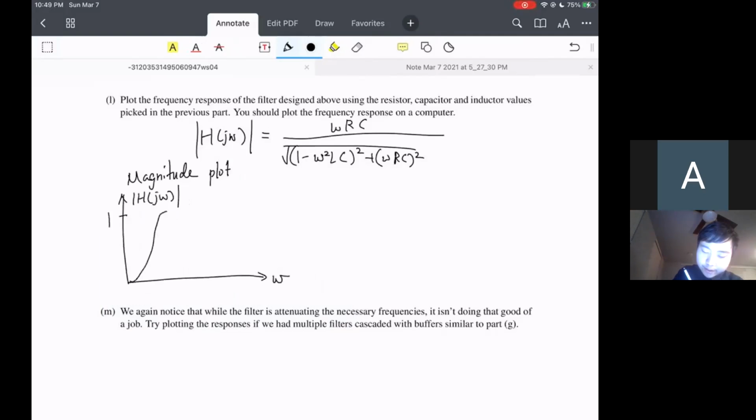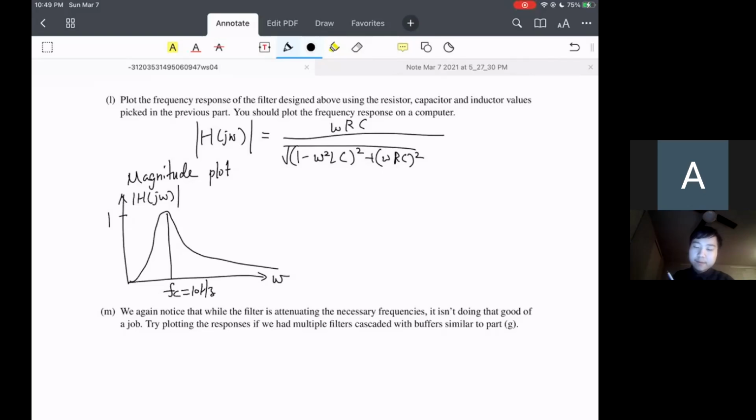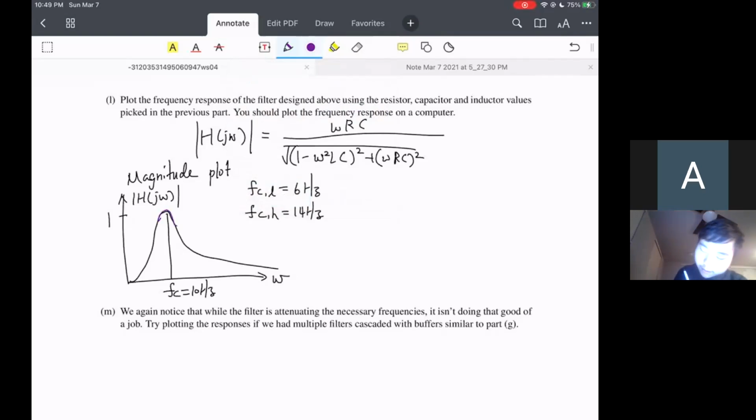So it sort of maxes out at the center frequency, which is like 10 hertz, with two cutoff frequencies, one being 6 hertz and the other being 14 hertz. And so the alpha brain waves that we want to capture, that we want to keep, is between 8 and 12. Looks good. And from 40 onwards, looks also good enough.